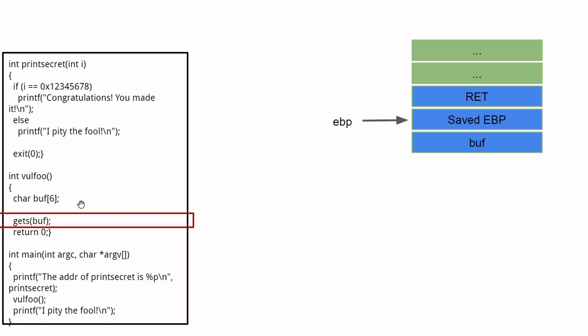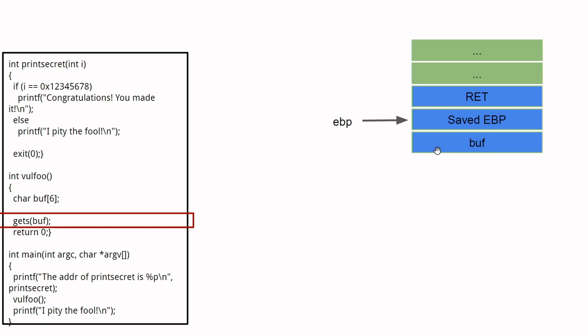Let's say right now we are at the end of Overflow. And this is what the stack looks like. Okay, here. So this is before we call gets.